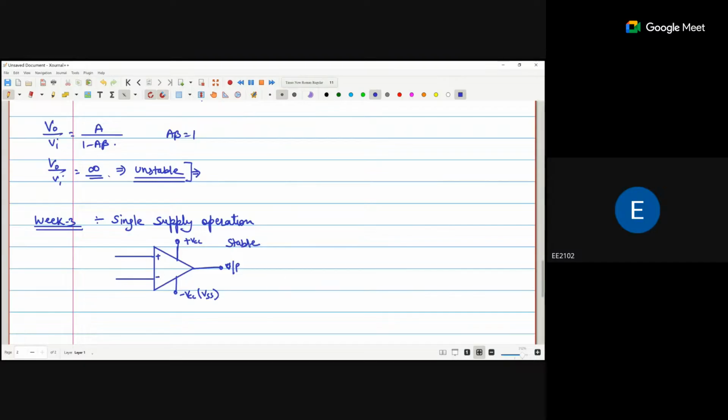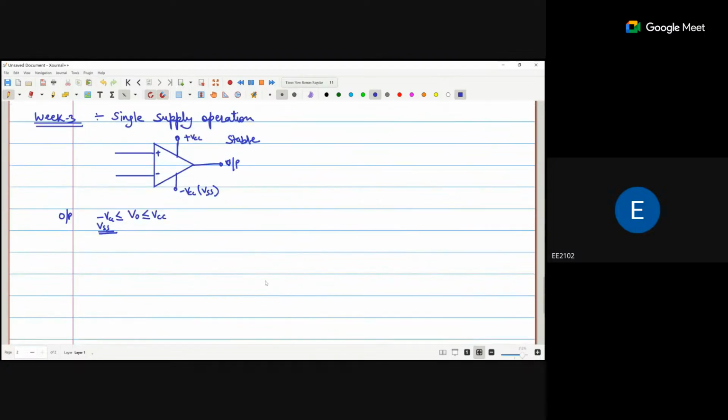In the last class, we discussed that your Vout will always be less than or equal to the VCC and greater than or equal to the minus VCC or VSS. It never goes beyond this range. If you remember, we drew one curve or graph also. This is V1 minus V2, and this is V0.